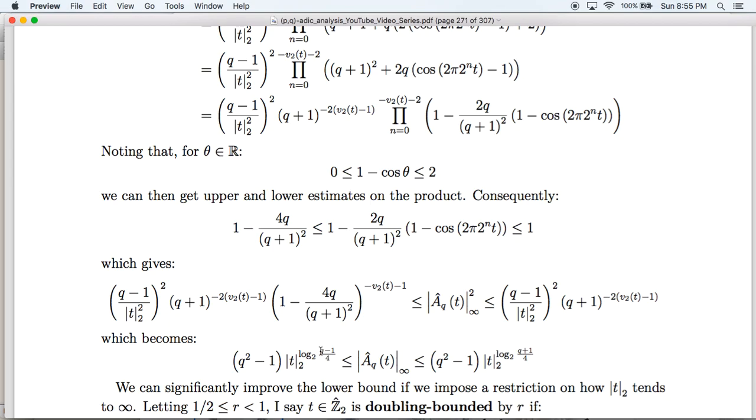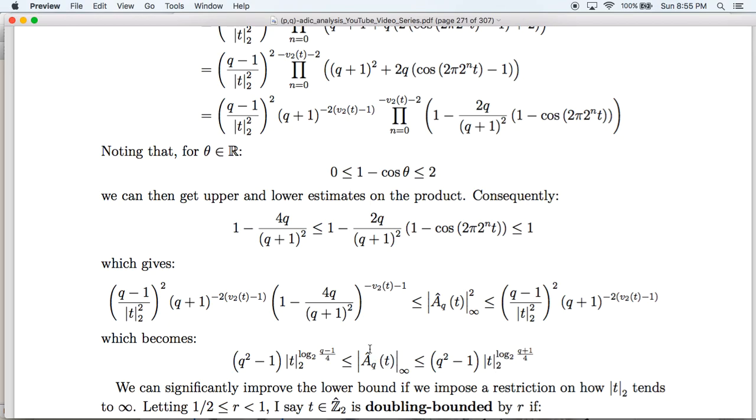So note that when q is equal to 3, the lower bound here is going to be log base 2 of 1/2, so that's going to be negative 1. When q equals 3, the exponent of t2 here is going to be negative 1. And here the exponent of t2 is going to be 0, which proves the boundedness of a3 hat.